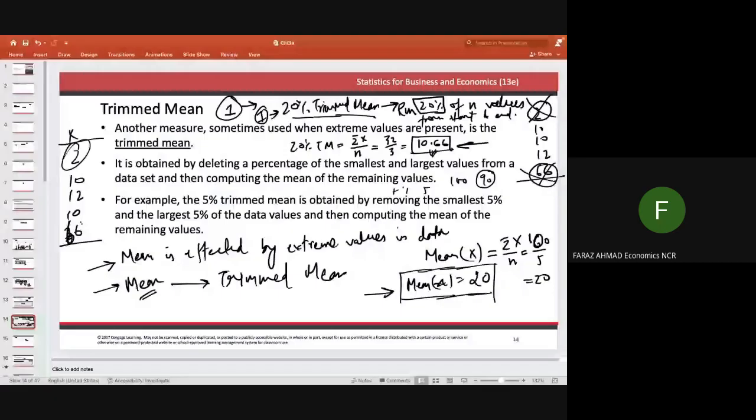And this 10.66 is not affected by extreme values like 2 and 66. Right? So that's the trimmed mean. You got it? Should I explain again one more time? Any question on this trimmed mean?